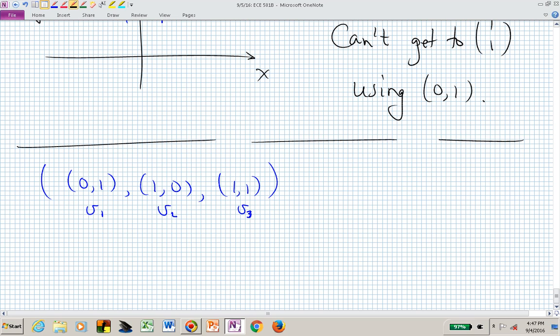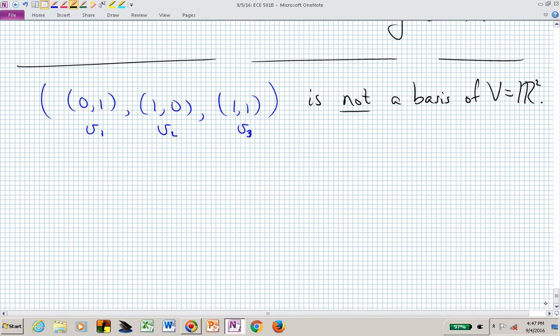One, your list of vectors have to be linearly independent, and two, they need to span the space. Hopefully now you're seeing that this is not a basis of R2, and that's because it's not the shortest length spanning list to span R2 or our vector space V.